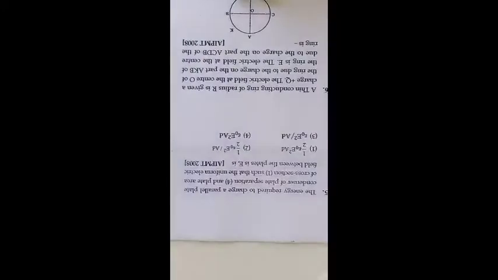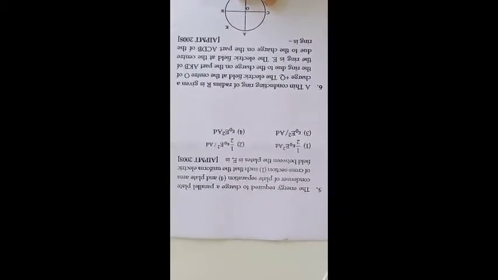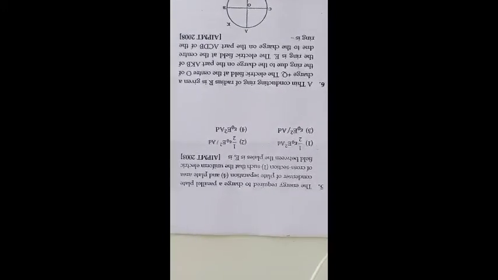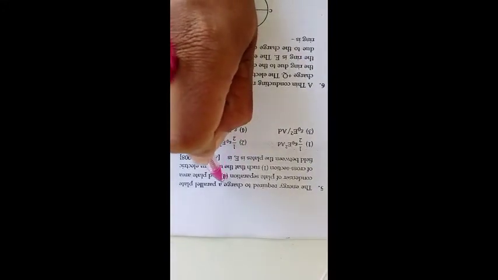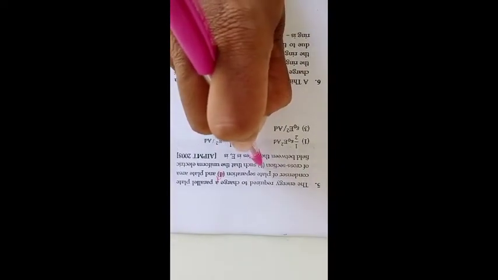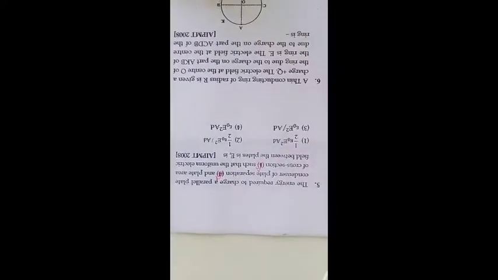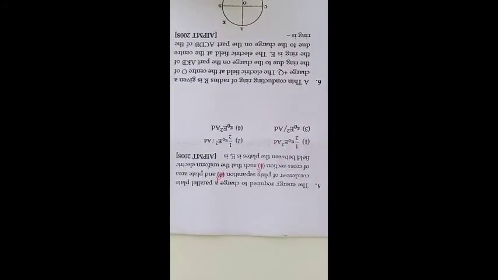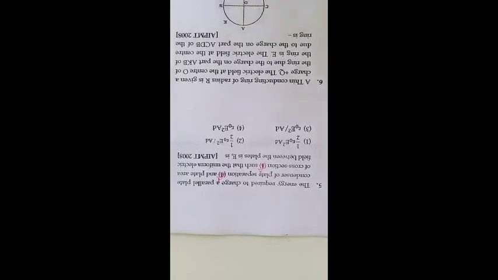Next, see question number 5. What they are asking: the energy required to charge a parallel plate condenser of plate separation D, and area of cross section A, such that the uniform electric field between the two plates is E. Actually this question relates to the next chapter, kept here by mistake.